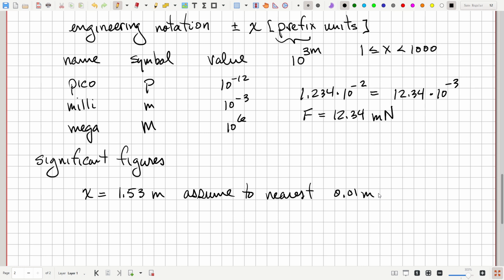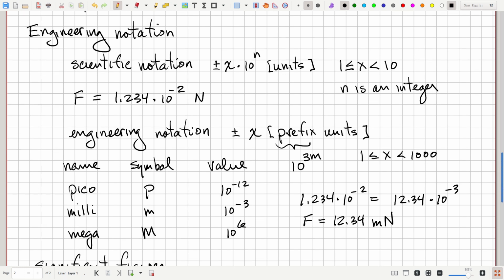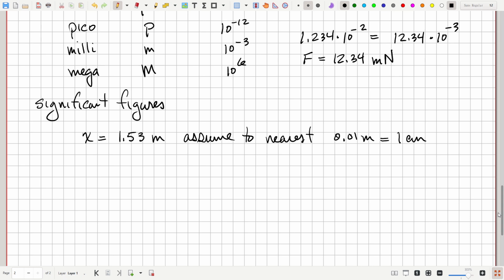Okay. So I visually rounded it to the nearest 0.01 meter, or the nearest 1 centimeter, which in engineering notation is 10 millimeters.